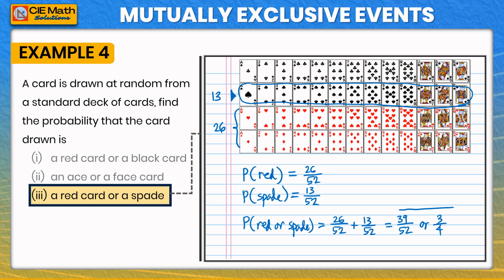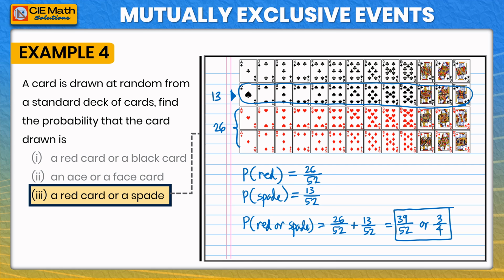So the probability of getting a red card or a spade will be 3 over 4. Again, if you would like to check if they are really mutually exclusive, the question is: is there a chance that the card picked is a red card at the same time it is a spade? If the answer is no, then that means they are mutually exclusive events.